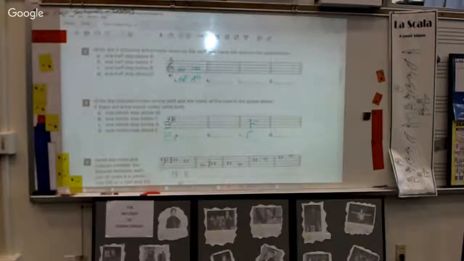Okay, B. 1 half step down below F. 1 half step below F. What is 1 half step below F? Gracie, what's a half step below F? F flat and E. Very good.